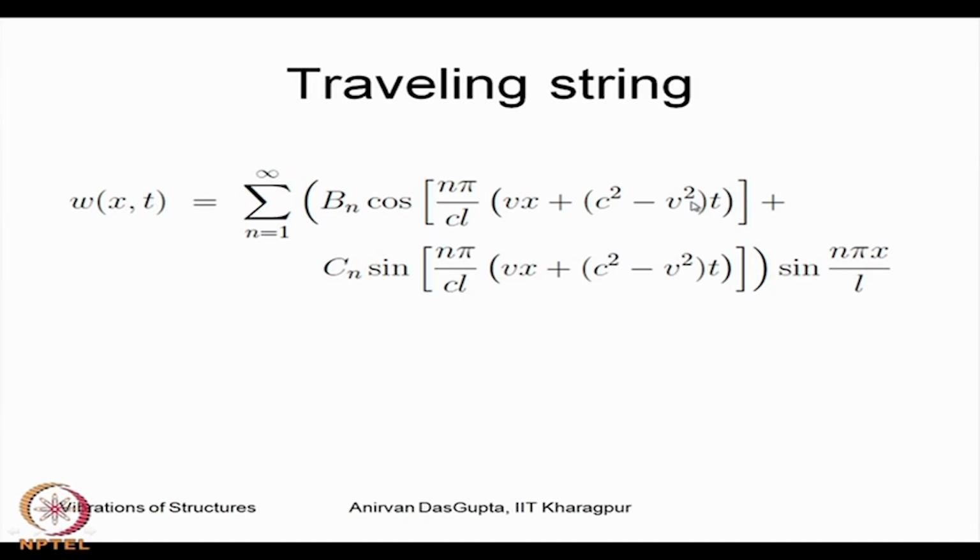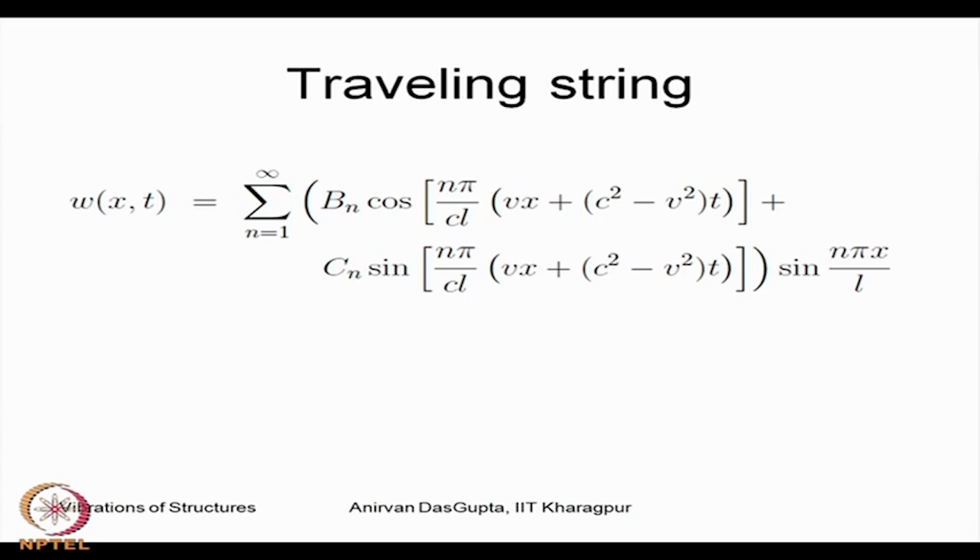Even if you take one of the modes, say n equal to 1, the solution is not separable, which is not the case for the static string. So, here we said that this problem is non self adjoint and the solutions are of very special type.